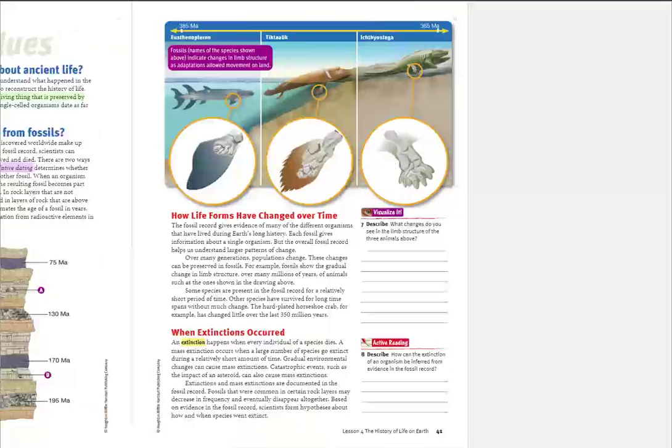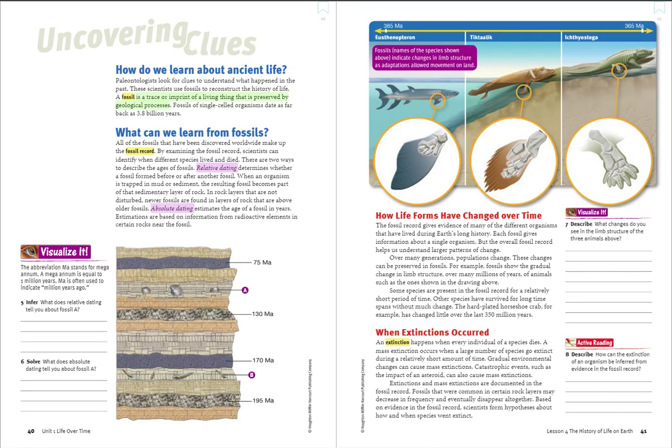Right, okay, let's start. I need you to take a look at this diagram to talk about these two questions. How do we learn about ancient life and what can we learn from fossils? How exactly are fossils and the fossil record going to be beneficial for us?